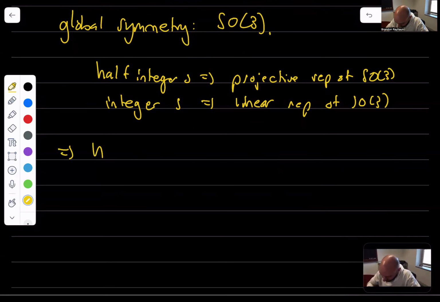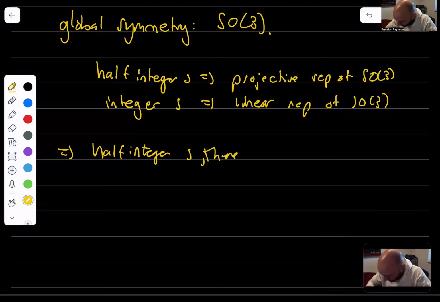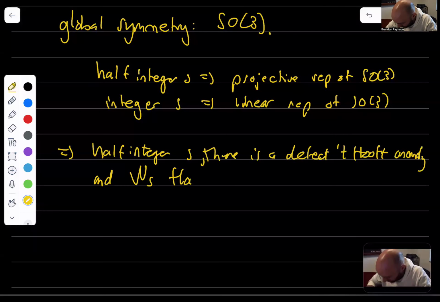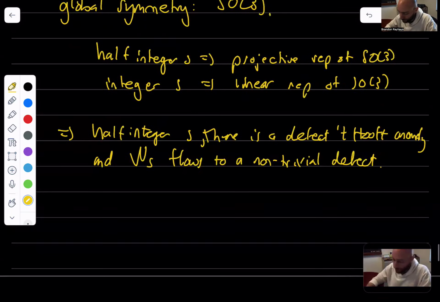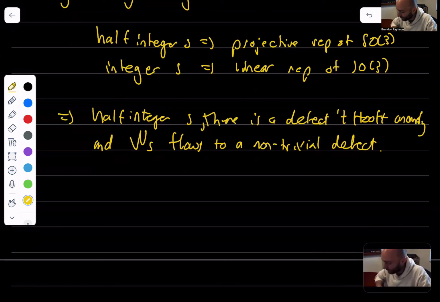So in particular, for half integer s, there is a defect 't Hooft anomaly, and so WS flows to a non-trivial line defect. For integer s, so far we can't conclude anything.